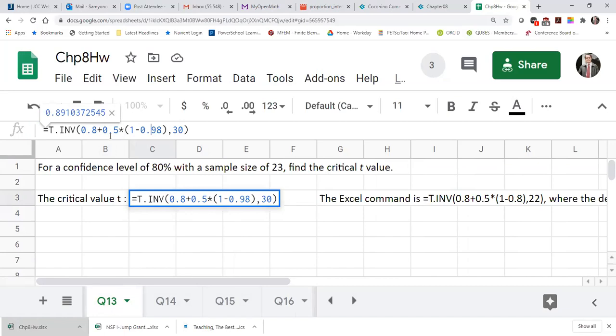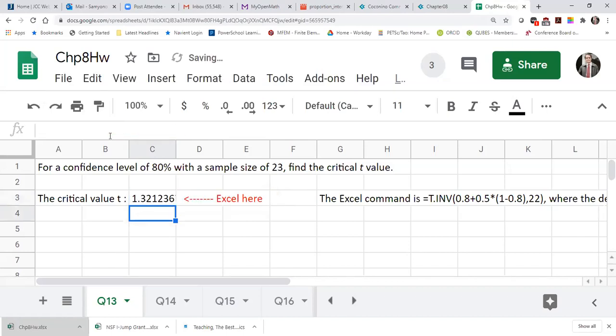And then this one should be 22, because the sample size 23, so the degree of freedom will be 22, okay? Yeah. So this is the significance level, and then this is the degree of freedom. So the sample size is minus 1.